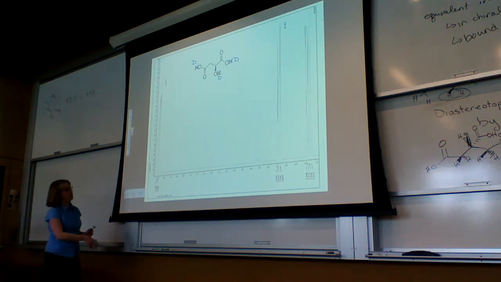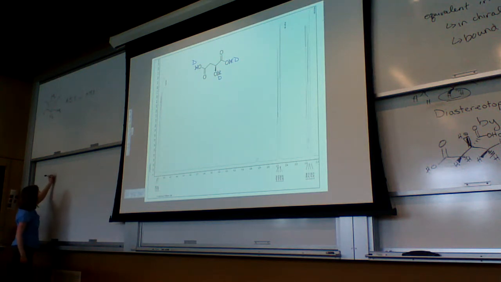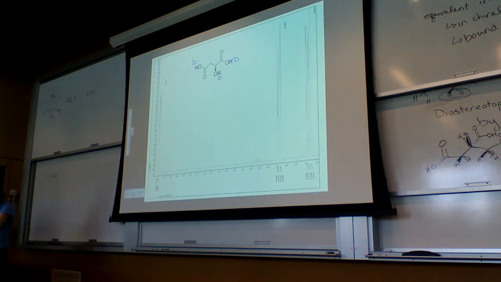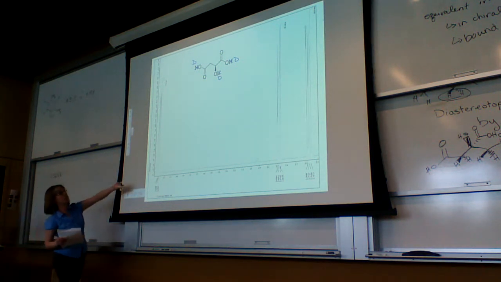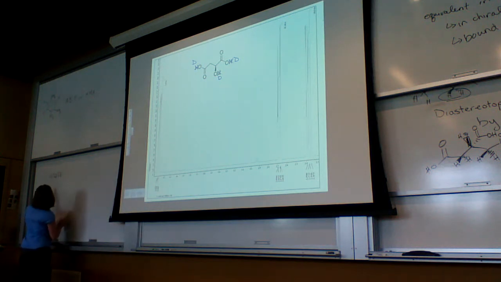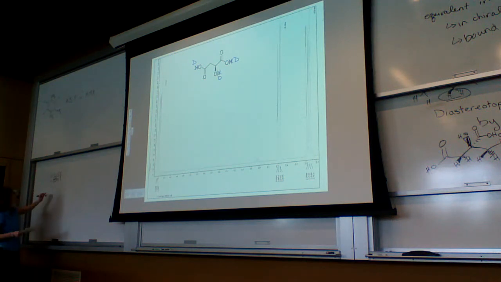If you have the parts per million value, so I believe this is 4.32, high resolution one, there we go. 4.3258 for our most downfield signal there, and then we have 3.208 in the next one over.